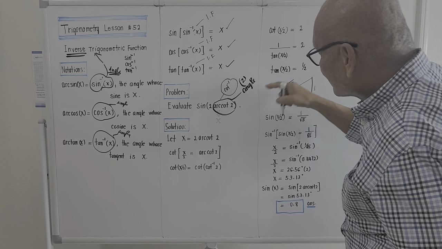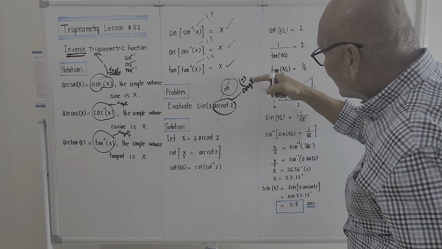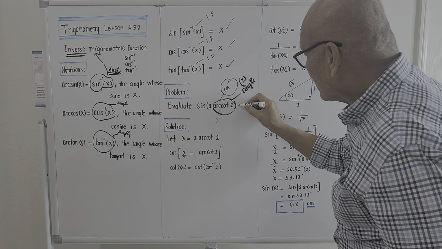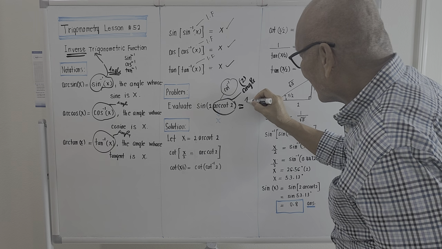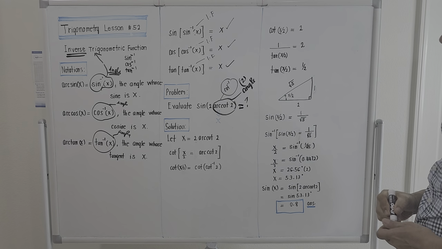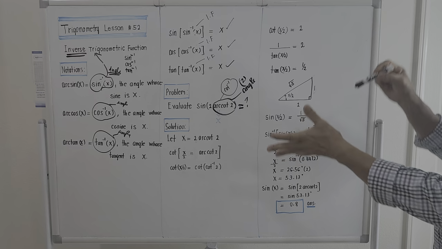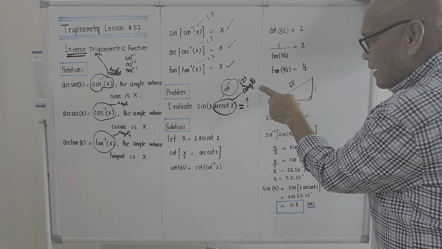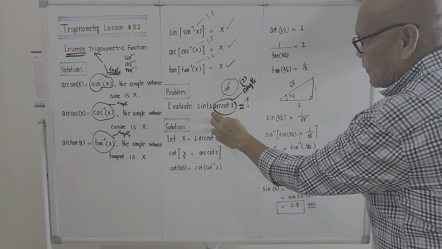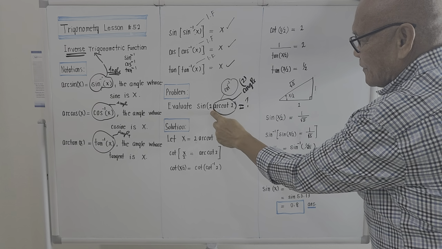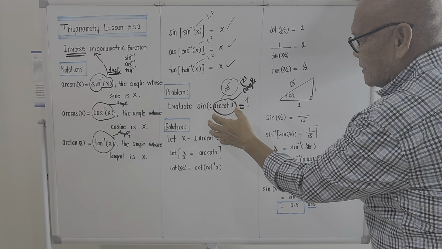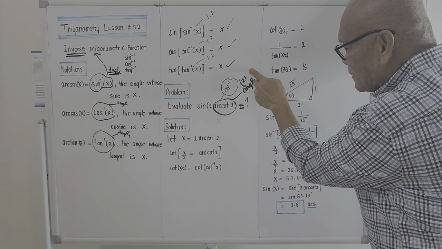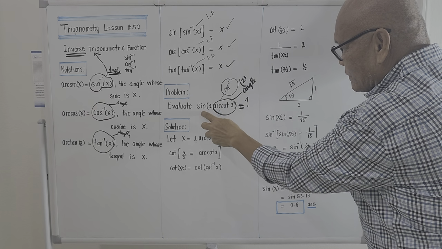The problem is asking that if we multiply that angle by 2 and take the sine value of it, what will be the value? So at least we know how to analyze this problem. That's given in the problem.